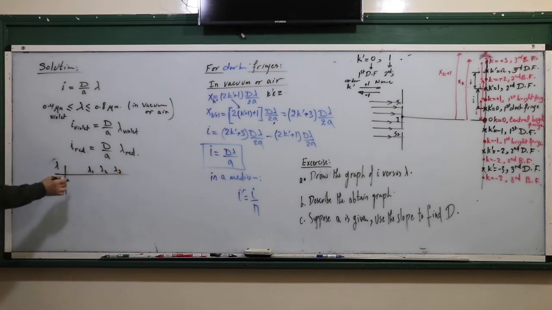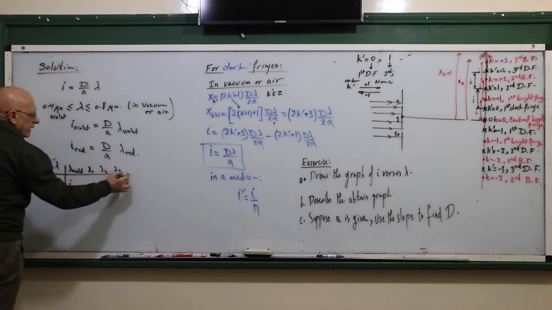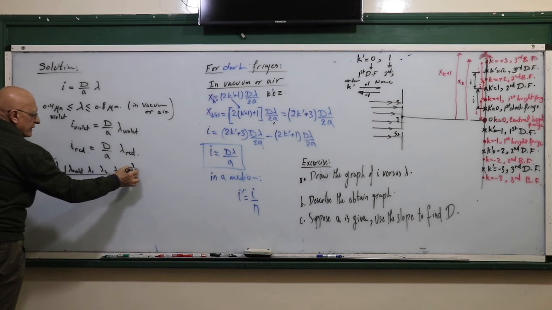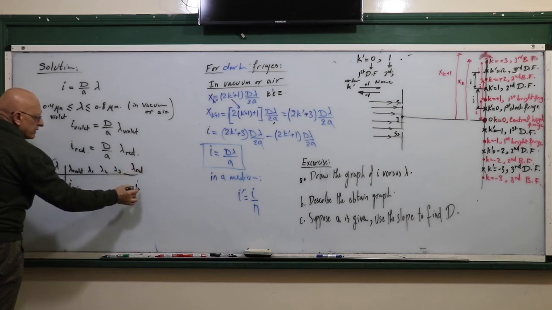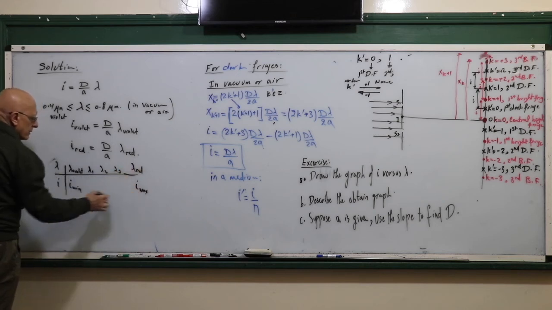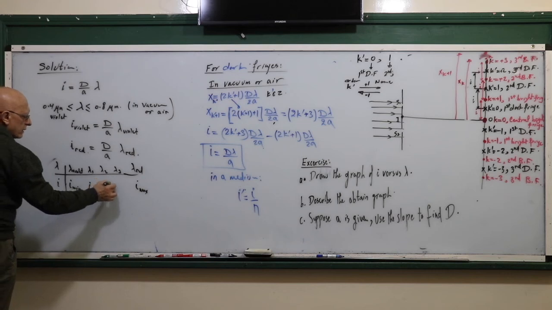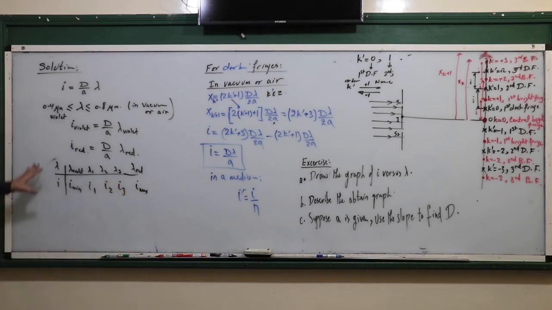You should take care about the minimum. Lambda violet gives me I minimum. Lambda red, which is the maximum, gives me I maximum. This is I1, I2, I3. So the most important is the domain of definition.